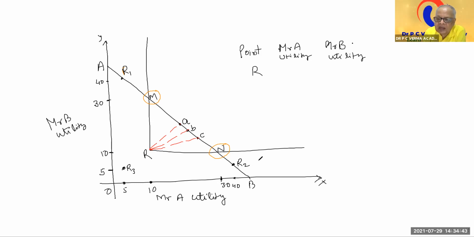Society is at R, then Mr. A gets 10 utility, Mr. B gets 10 utility. If society moves from R to M, then Mr. A is constant and Mr. B increases to 30.